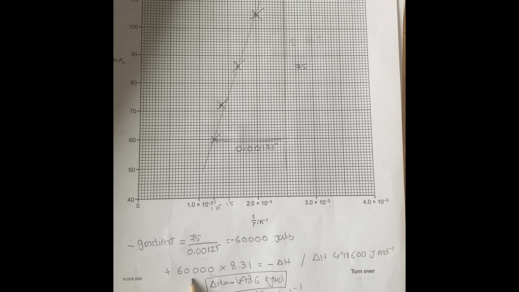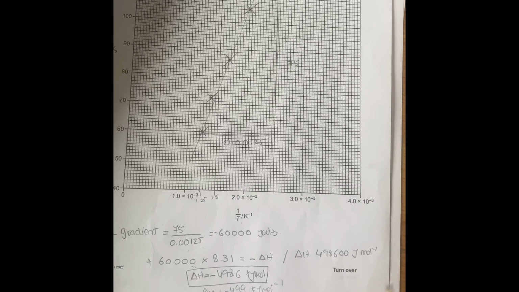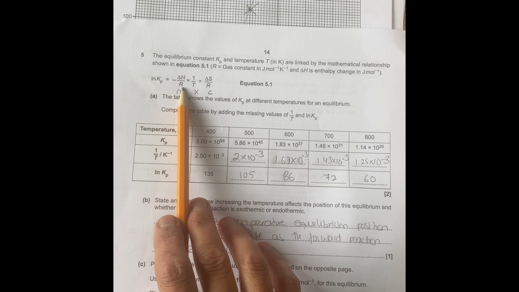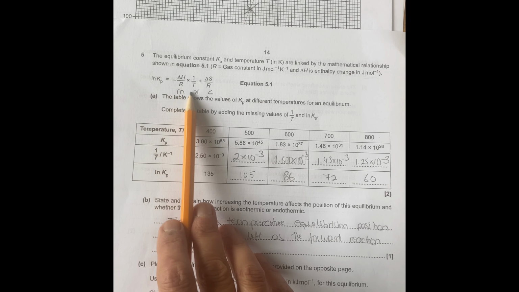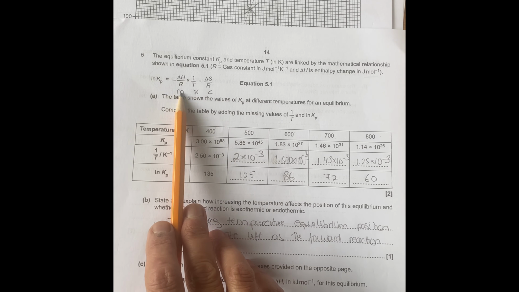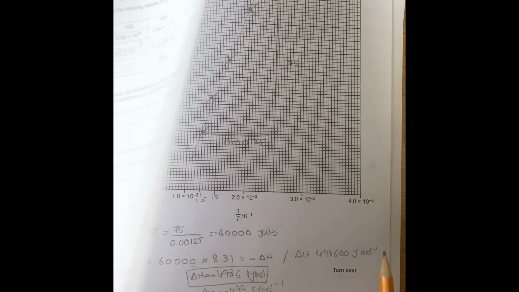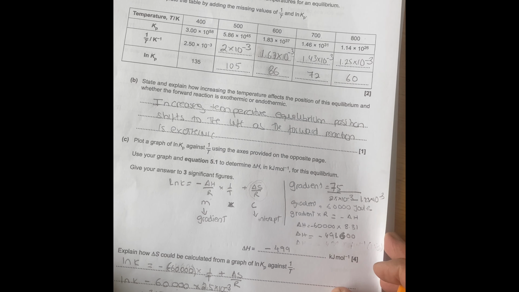And then you multiply by R, because the gradient times R is going to be the enthalpy change, because the gradient is minus delta H over R. So if the gradient is the value that we got, times R, you get delta H. So delta H is worked out in here, okay?